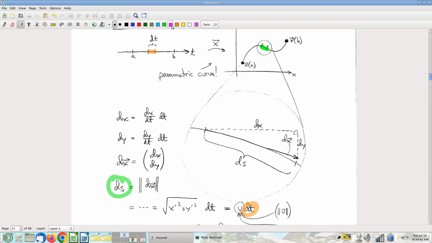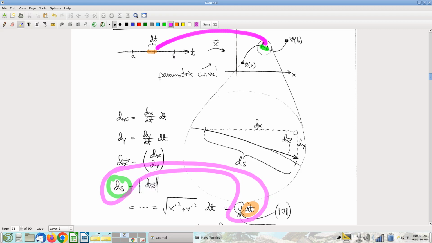And you can see right here in this formula what the stretching factor is. By what factor is ds different from dt? And there it is. It's the speed. It's the magnitude of the velocity vector. So, again, I could have gotten to this conclusion immediately by saying distance equals rate times time, of course, right?